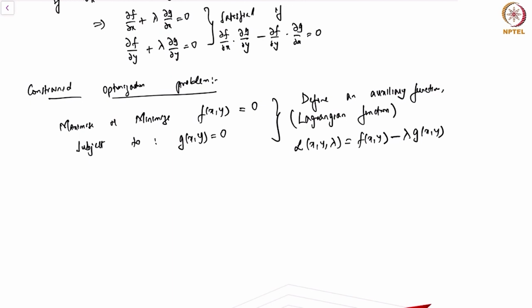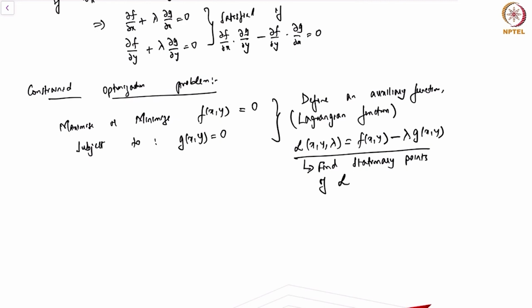We have defined this Lagrangian function, and our next step is to find stationary points of this Lagrangian function L.